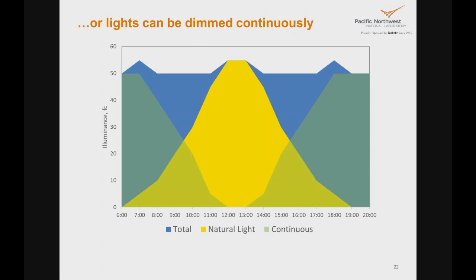We have to use separate ballasts to be able to do continuous dimming, and the whole system is more costly in general. But the cost of daylighting controls at the same time is coming down significantly. So, your mileage may vary. You may be able to find continuous dimming controls that are comparable in cost to step controls.